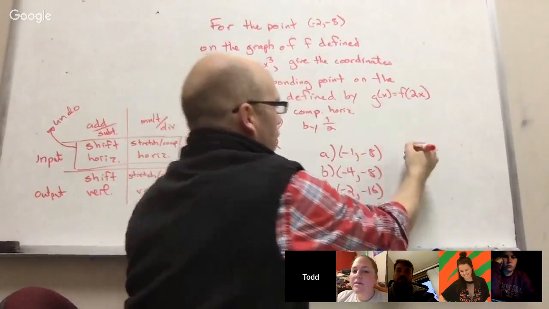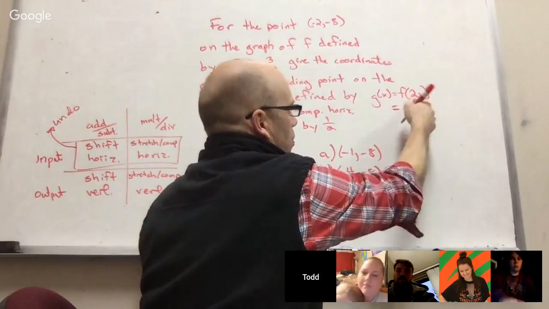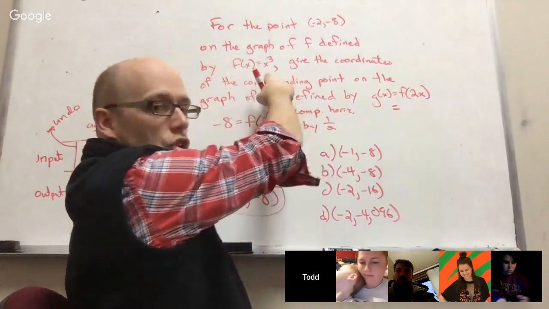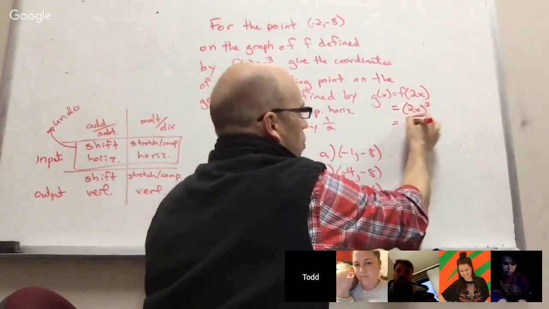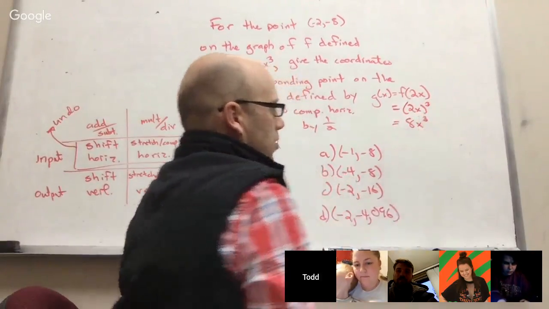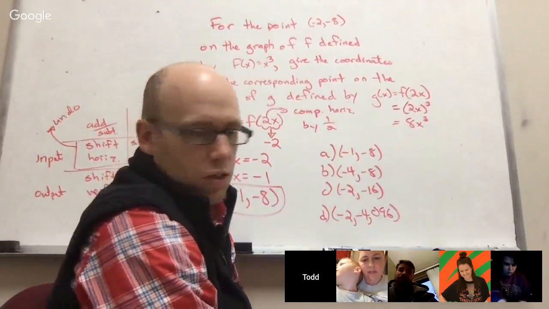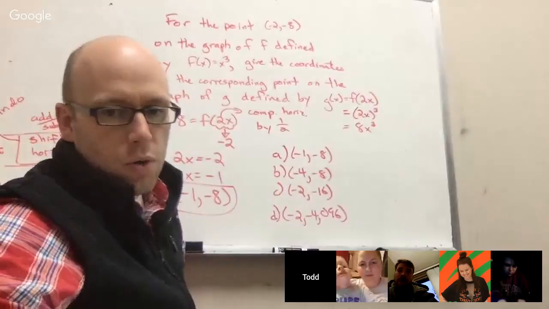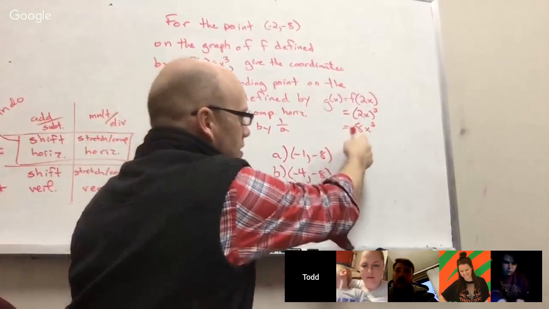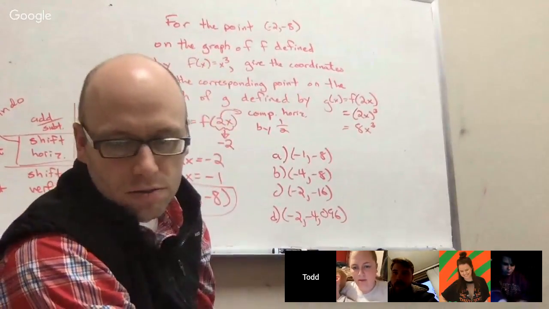If f of x is x cubed, f of 2x is 2x cubed, or 8x cubed, right? So you should be able to just plug these numbers in and see which ones work.